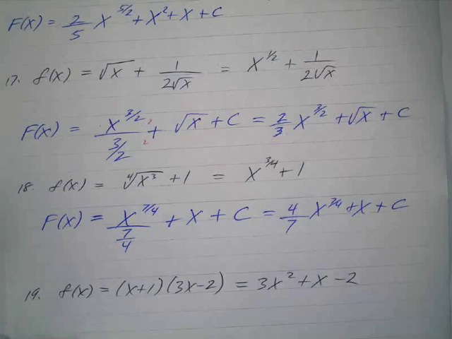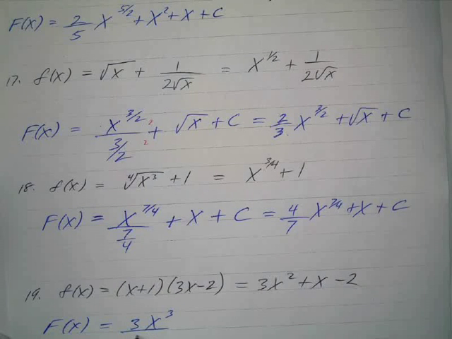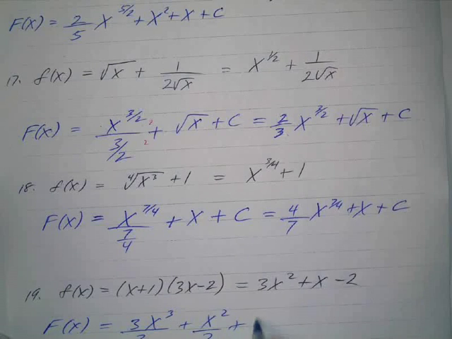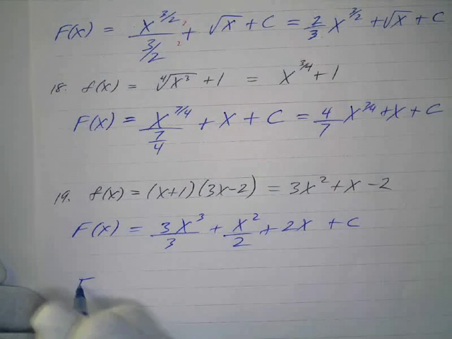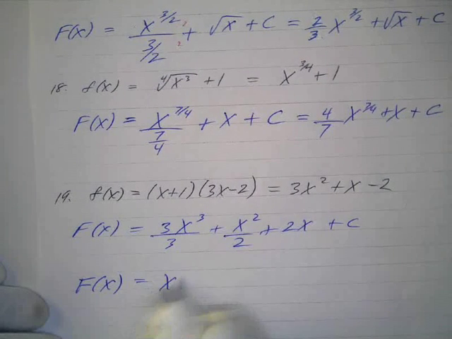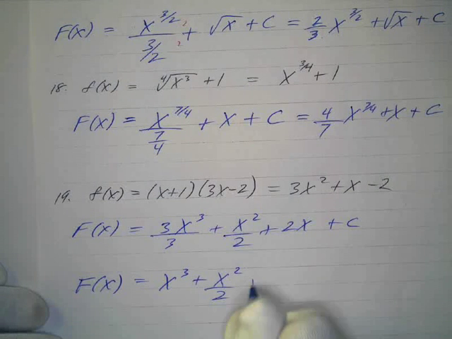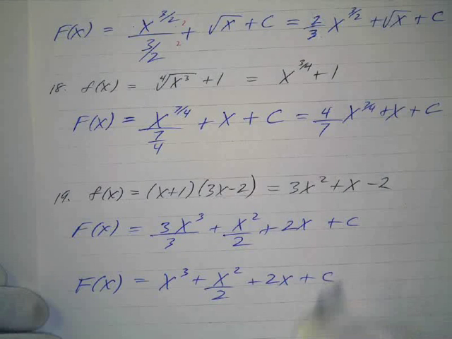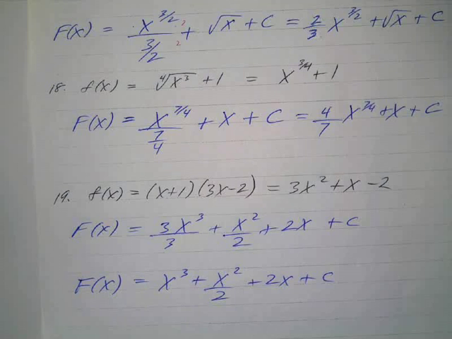And then it becomes real easy. That's going to be 3x to the third all over 3 plus x squared over 2 plus 2x, and then plus c. Okay, then we can simplify that: x cubed plus x squared over 2 plus 2x plus c. And on any of these problems, again, you can take the derivative and you should get back what we started with. Okay, so that's number 19.